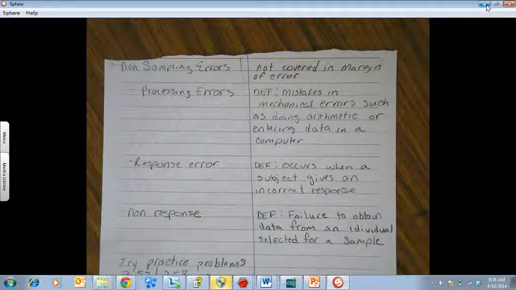Non-sampling errors include processing errors, which is mistakes such as you are paying somebody to enter data into a computer, like you have all of the answers that you've gotten from your survey, but you're paying somebody else, or you have your student assistant entering it into the computer. Any error that they make when they're entering in numbers, that's going to be a processing error, okay, or anything similar like that. A response error occurs when a subject gives an incorrect response.